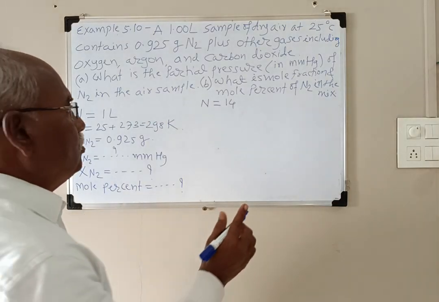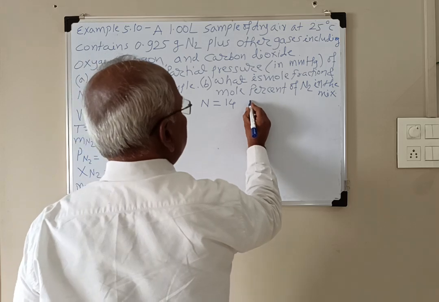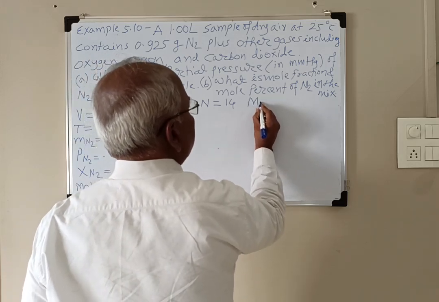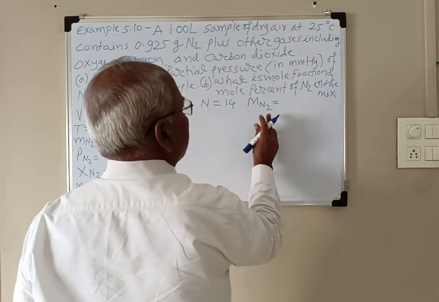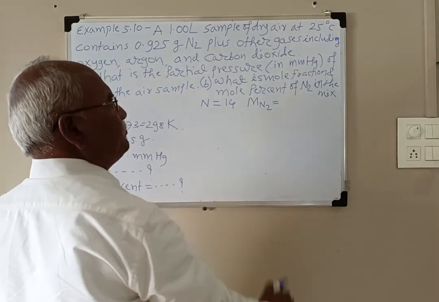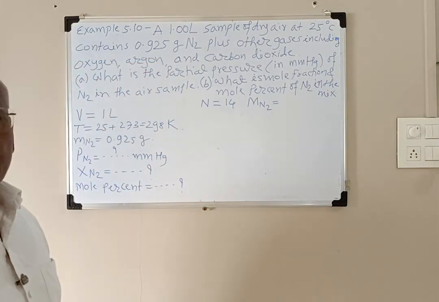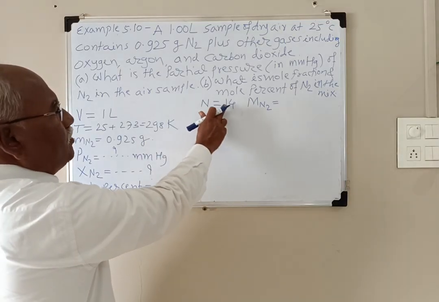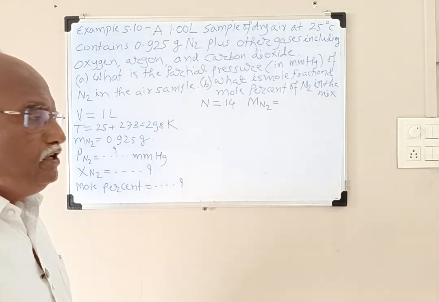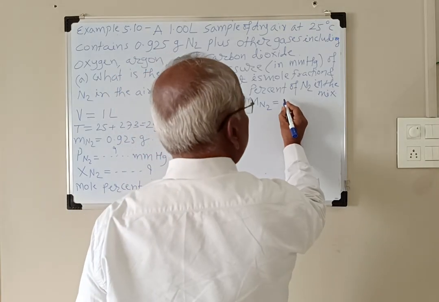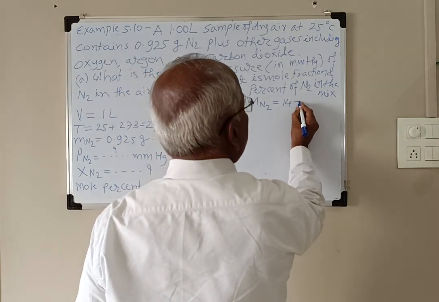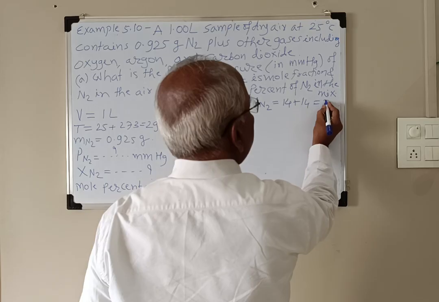Molecular weight of nitrogen, M of N2, is equal to, nitrogen is a diatomic molecule, 14 plus 14, that is equal to 28.